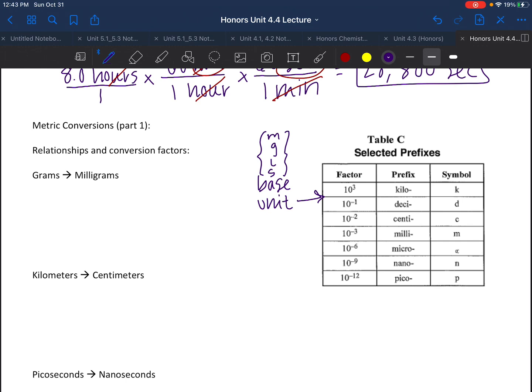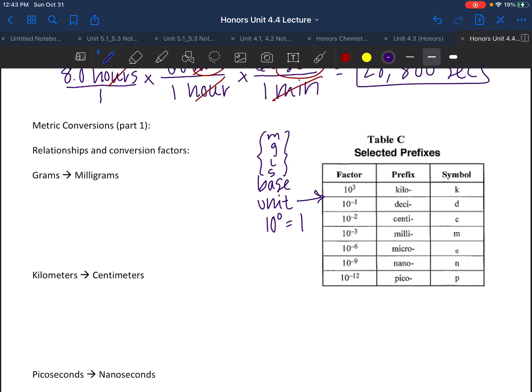And the factor that they get is actually 10 to the 0, which, as we know, is just 1. So it's good to remember that even though it's not on your table, the base unit is 10 to the 0, or 1. The first thing we're going to do is define these relationships, and then we're going to create conversion factors from them.